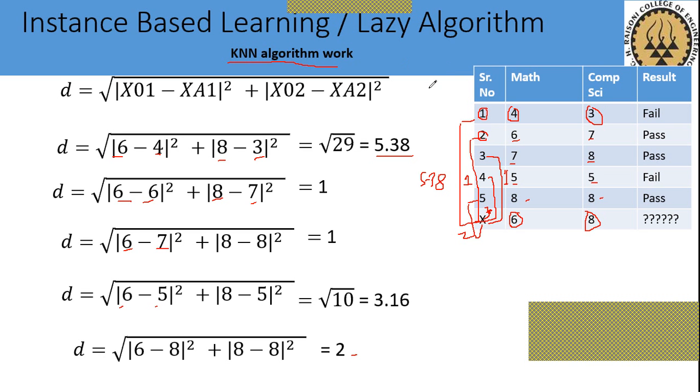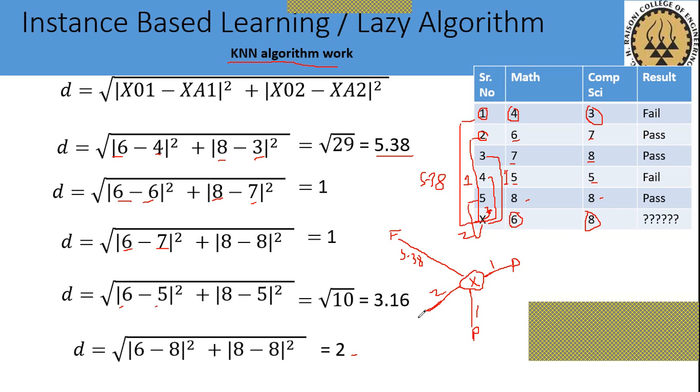So our algorithm is KNN, K nearest neighbor. Let us consider my value x is put here, and the one element at the distance of 5.38 is representing fail. One element at distance 1 is representing pass. Another element at distance 1 is also pass.